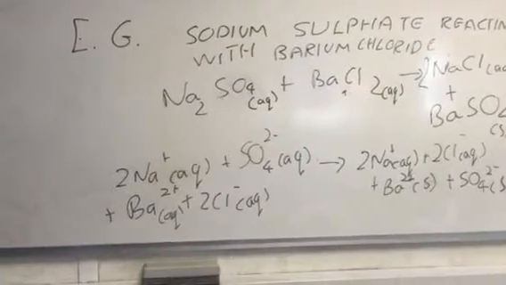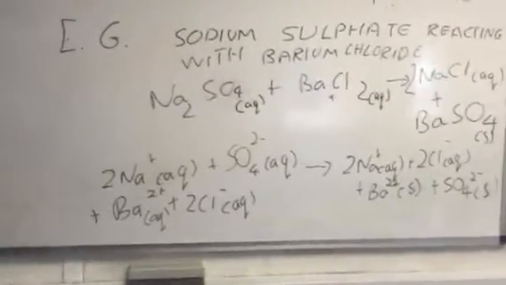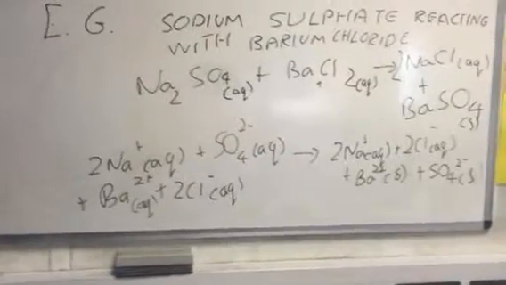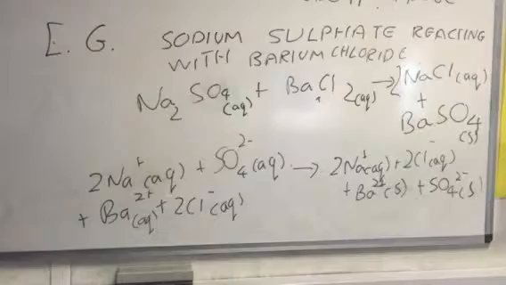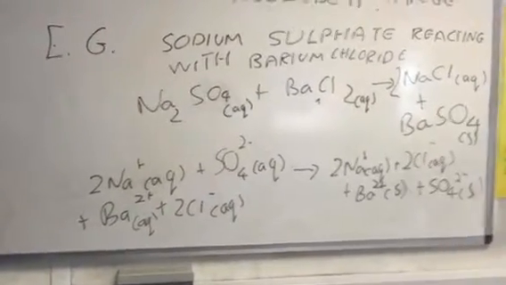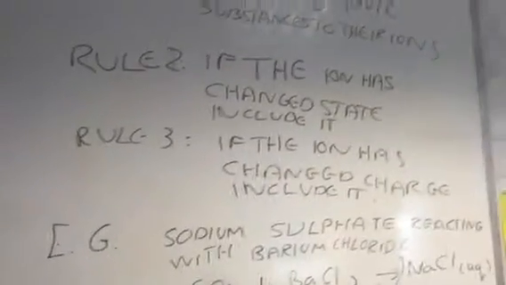The sulfate ion started off as a 2- charge, it's ended up as a 2- charge. The barium ion started off as a 2+ charge and ended up as a 2+ charge. The chloride ion started off as a 1- charge, and ended up as a 1- charge. So, none of them have changed charge.